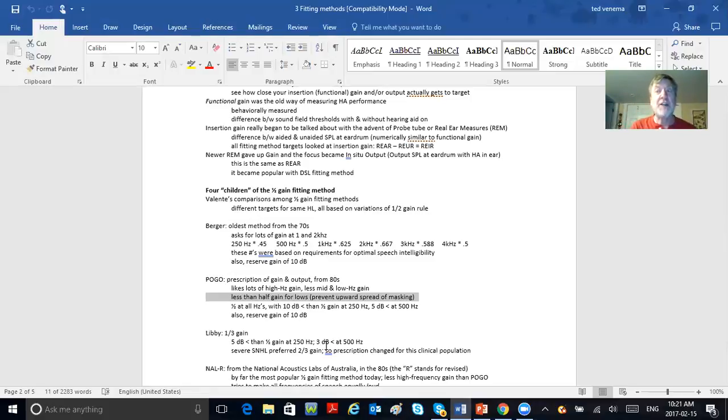Lows mask highs better than highs mask lows. The soft rumble of a truck covers up the peeping of a canary better than the peeping of a canary covers up the rumbling of a truck. And we all recall from anatomy and acoustics why that is the case. It's because the traveling wave is shaped like a kite. It has an uneven shape.